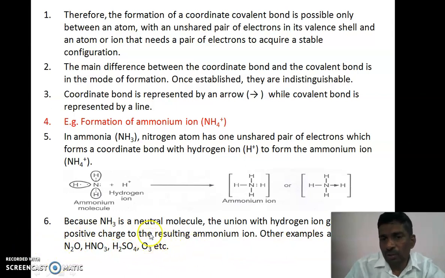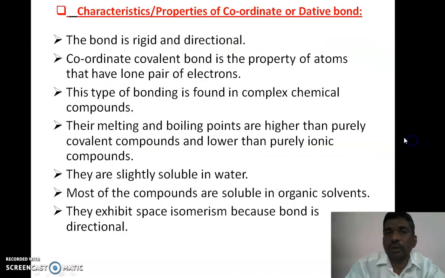These molecules form coordinate bonds, also known as dative bonds.